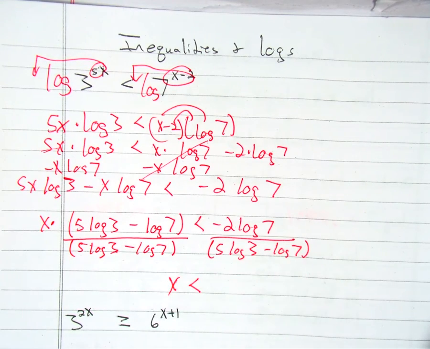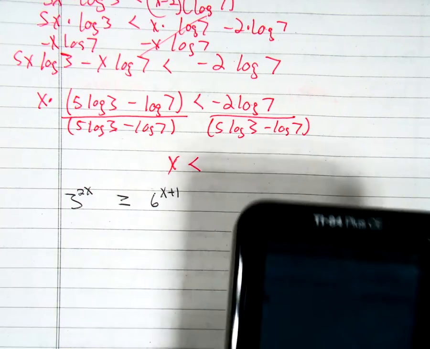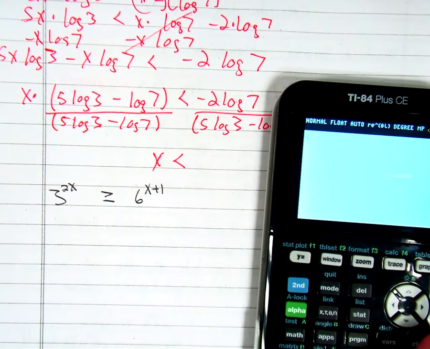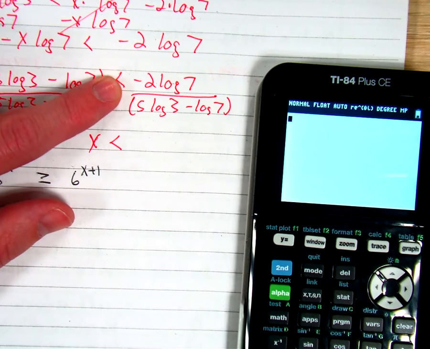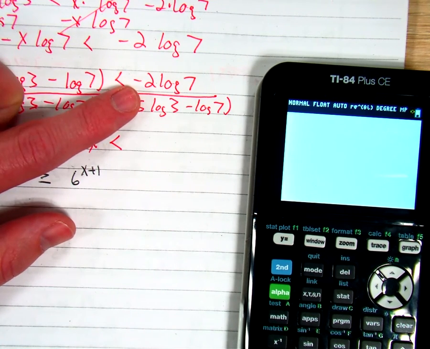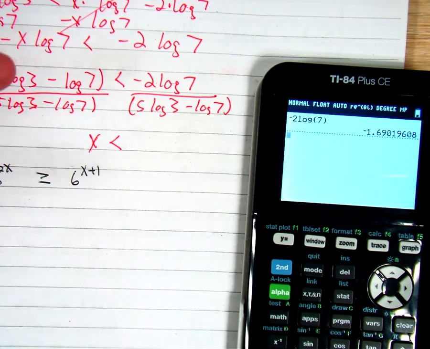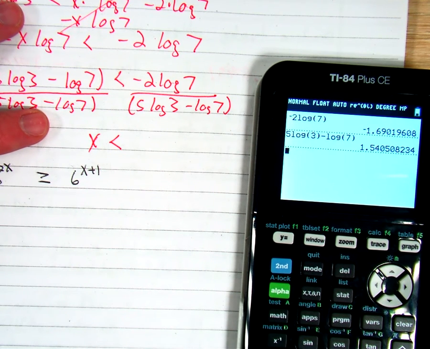Okay, so we can do this a couple different ways. We can try to type it all in at once, or we can do one thing at a time. So if I just did one thing at a time, I'm going to do the top, negative 2 log of 7. Get that answer, write it down. Then I'm going to do 5 log of 3 minus log of 7 and write that down.